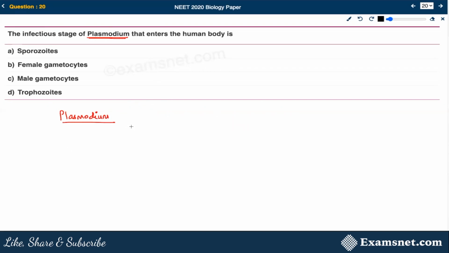So you can say that Plasmodium enters the human body as sporozoites, which is the infectious stage of Plasmodium.